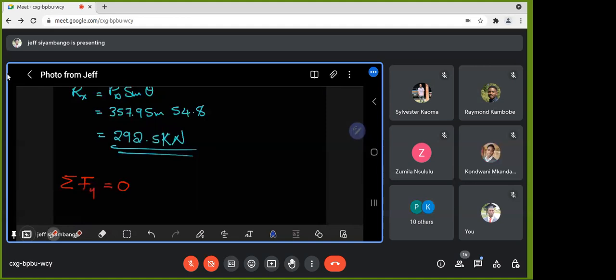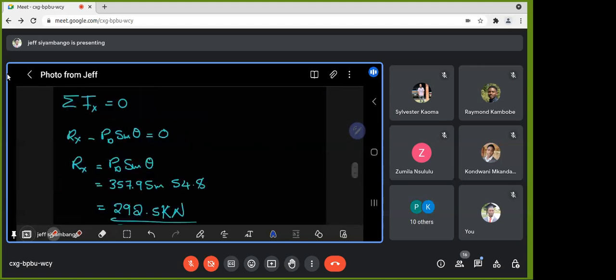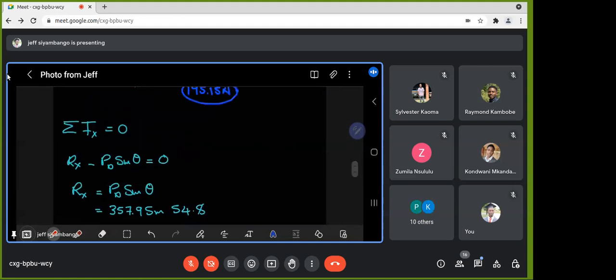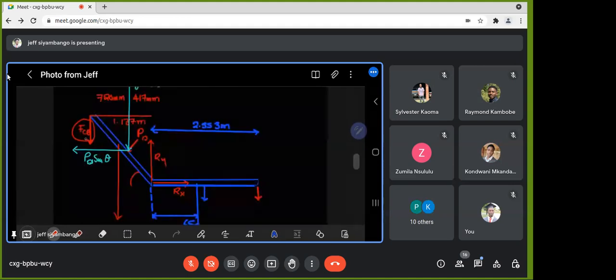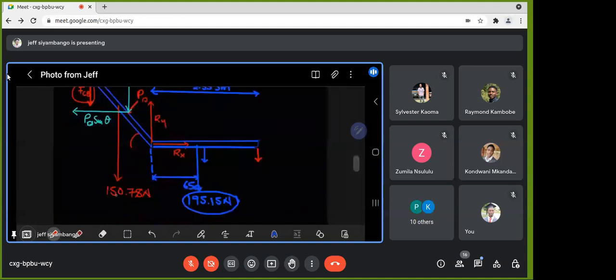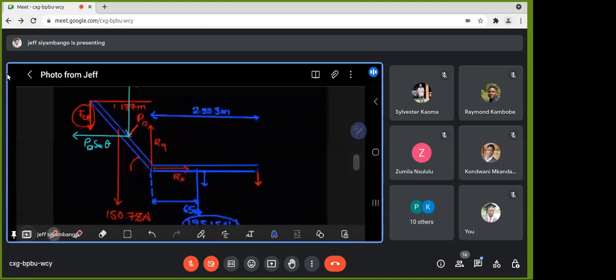We now have to sum forces in the y-axis. To sum forces in the y-axis, let's look at what we have here. We have FCB going down, negative. The 150 going down, negative. And then we have these forces F at the one here and the one here also going down, so negative. But Ry positive going up.